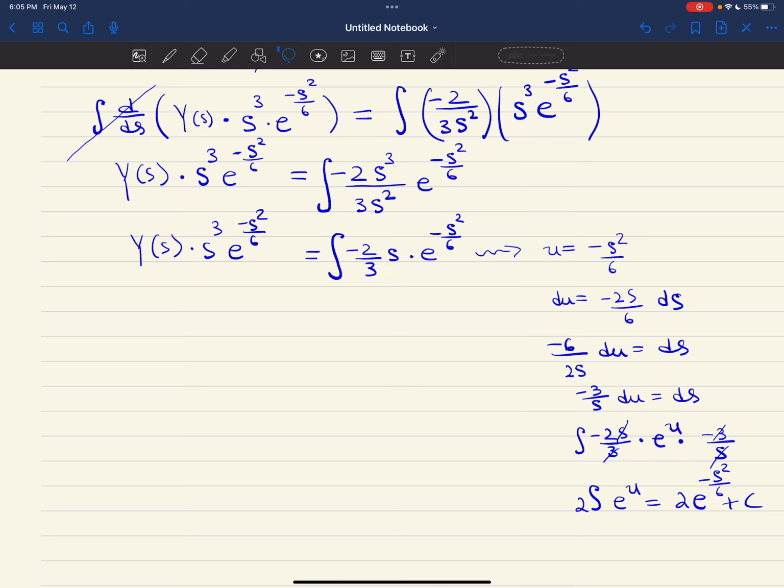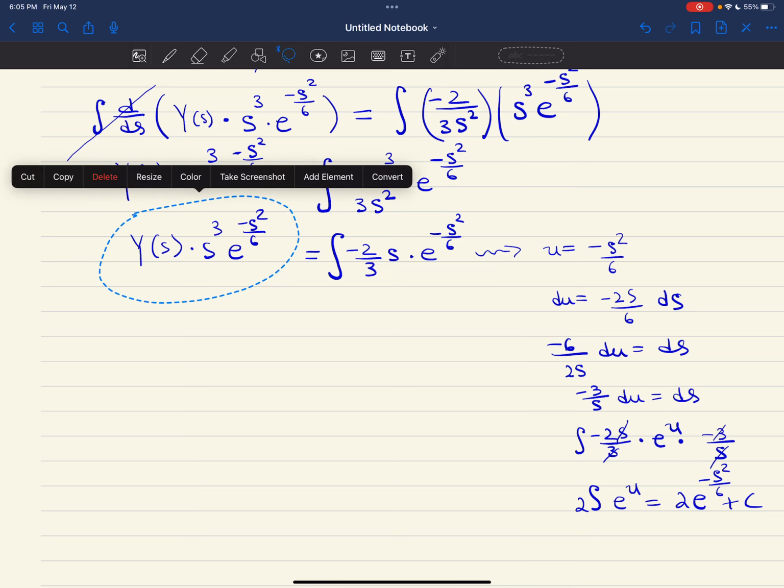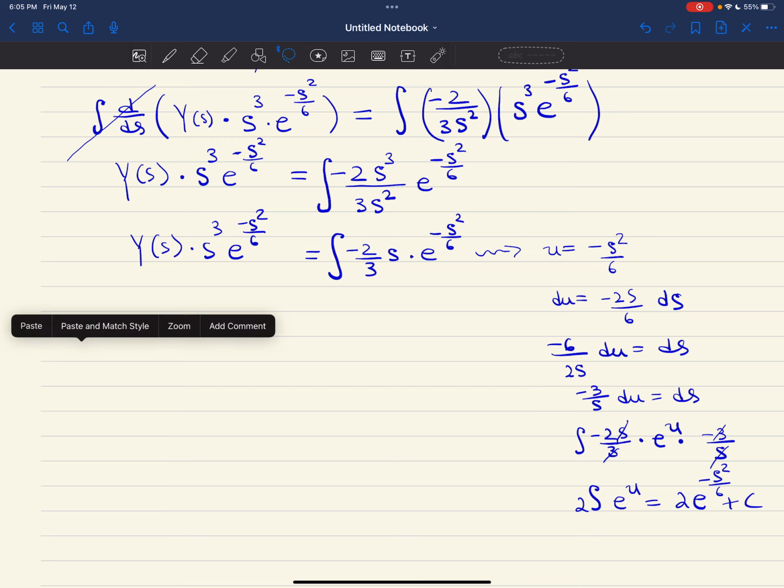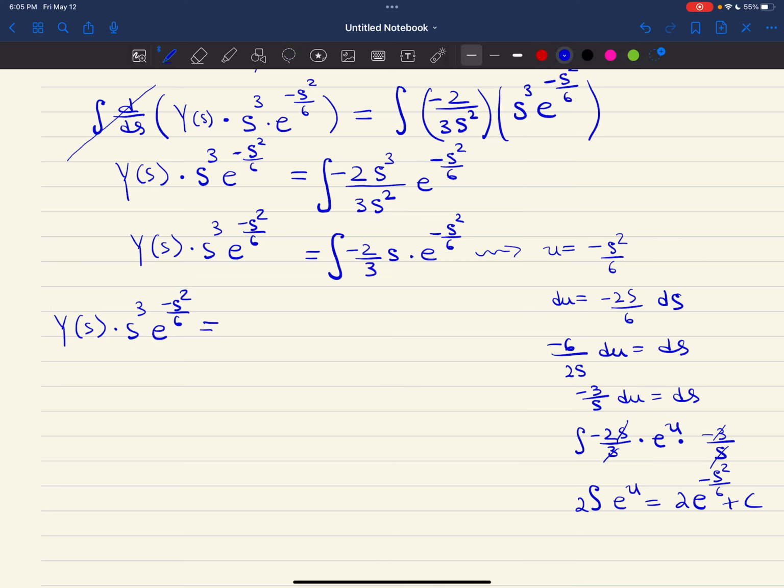And I'm just going to copy and paste it because I'm getting exhausted. So paste. And we're just going to set that equal to this part here that we just got. So it'll just be 2 e to the power of negative s squared divided by 6 plus c.